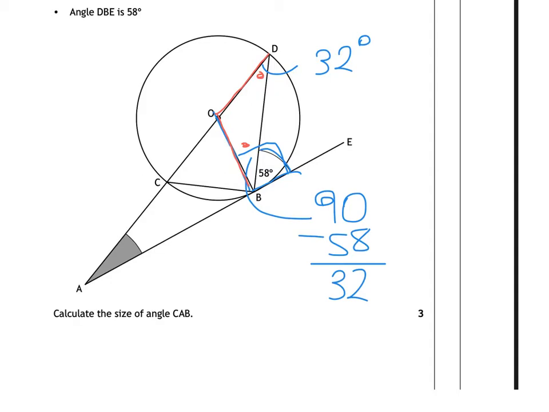Now what I can see next is that I've got a big triangle here, and the angles in that triangle must add up to 180. I can also see that I've got a straight angle here, so that must be 180 degrees. So I know that this bit of it is 58 degrees, so to get this bit of it, I'm going to take 58 off of 180 degrees.